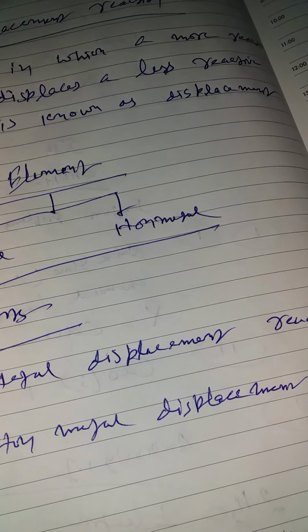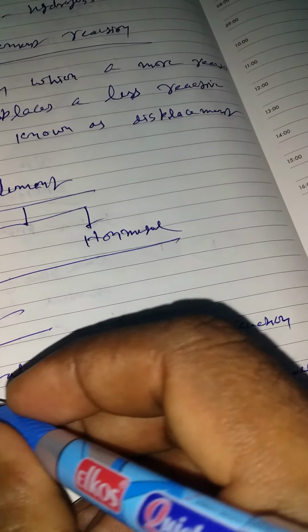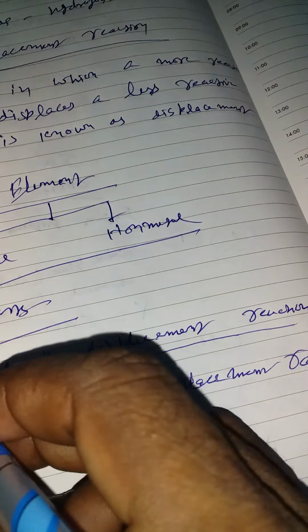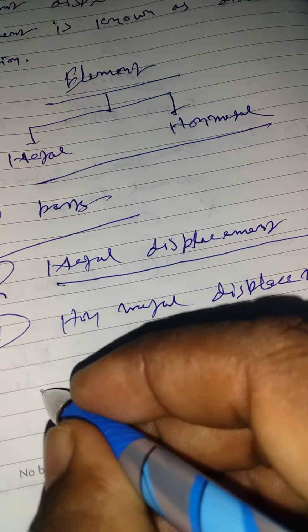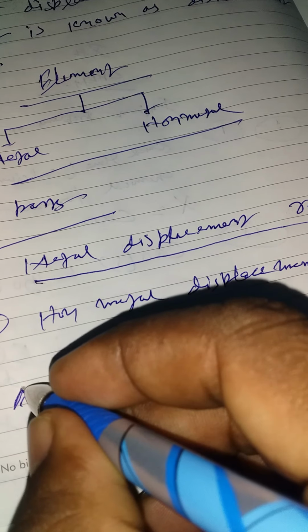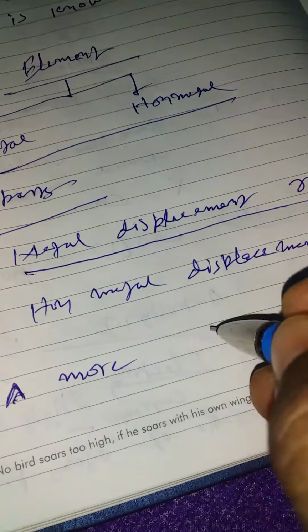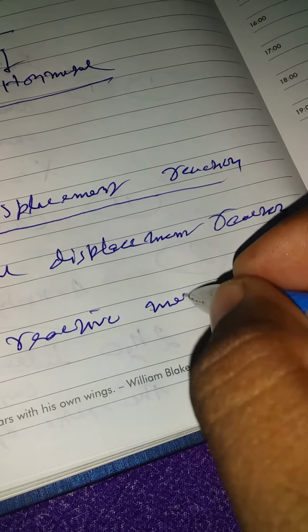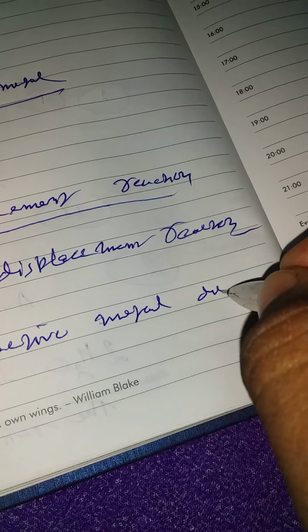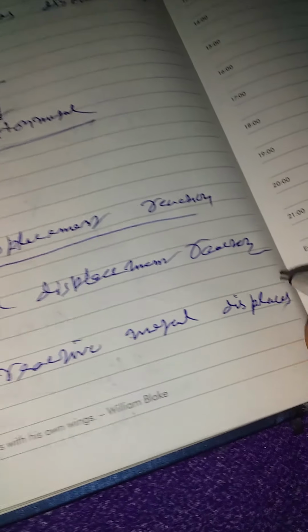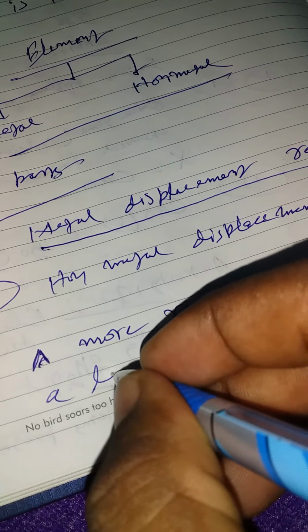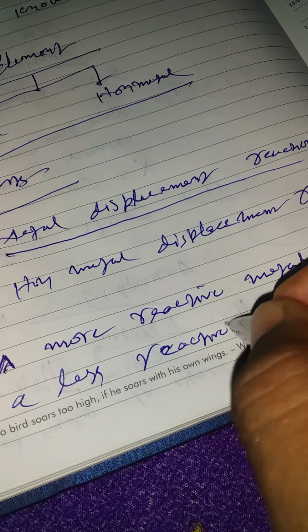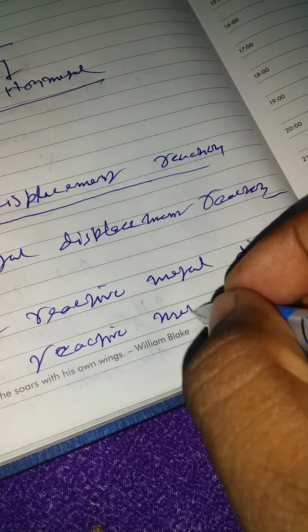In chapter 1, we discuss mainly metal displacement reaction, in which a more reactive metal displaces a less reactive metal.